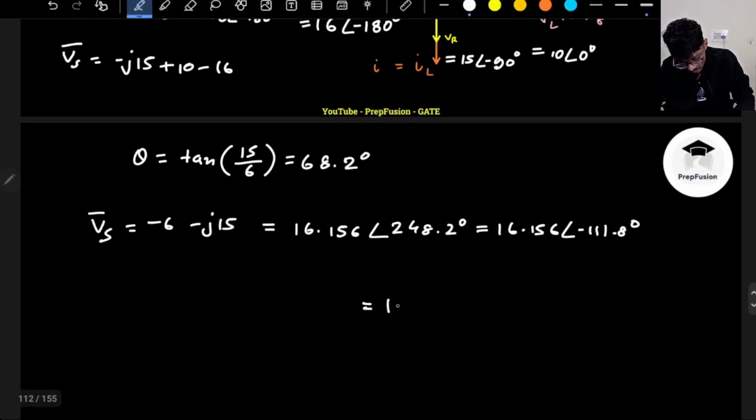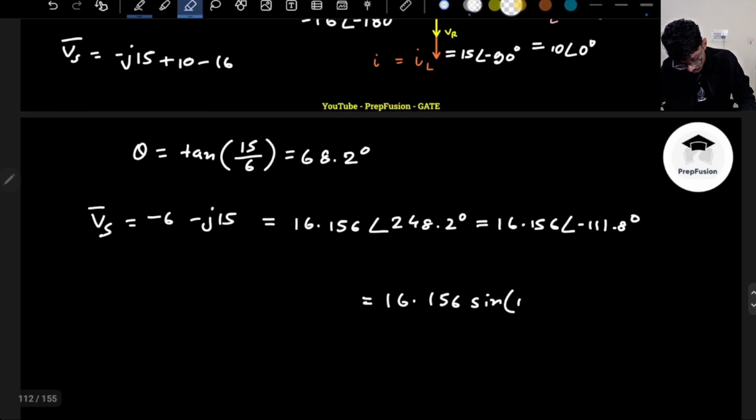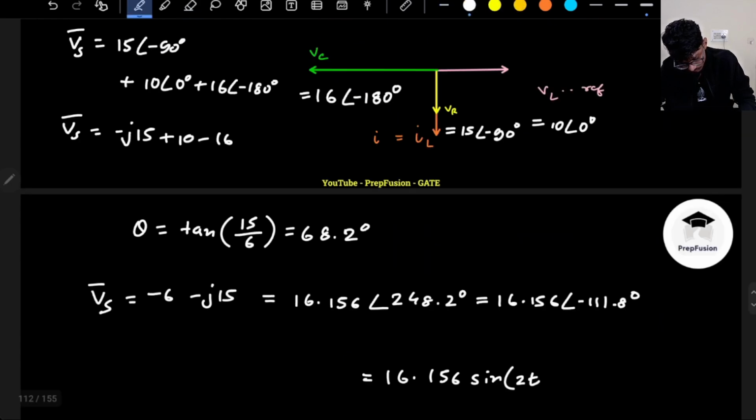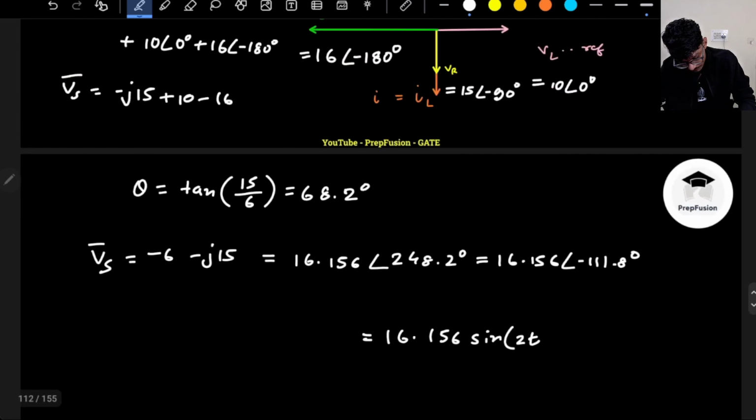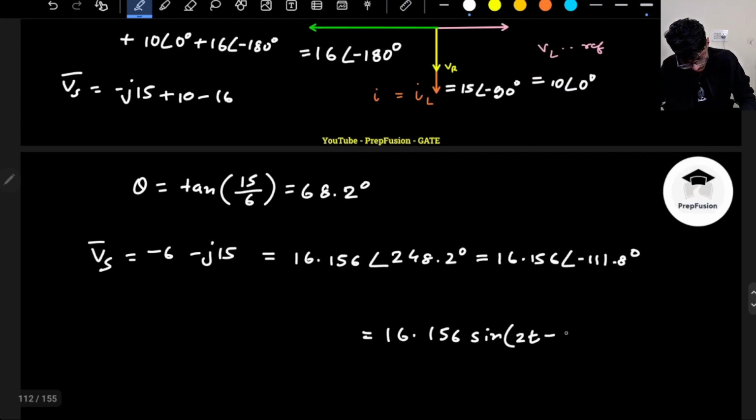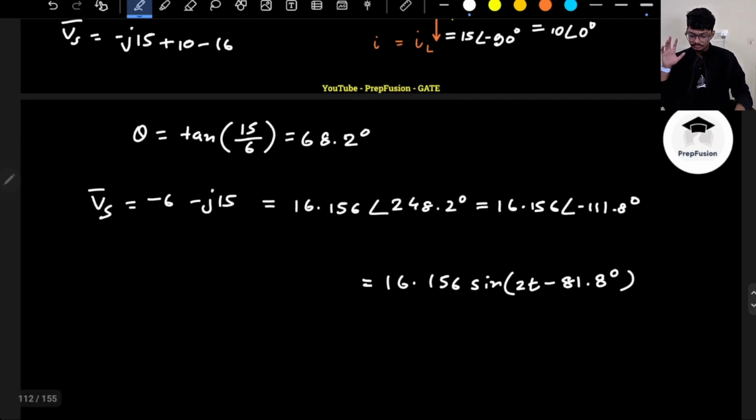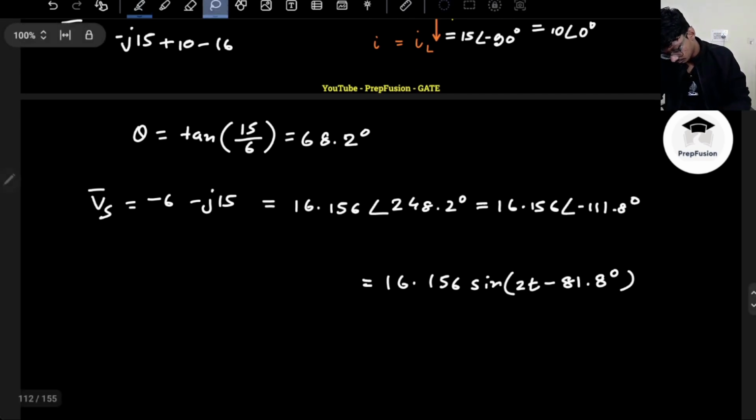So this will be 16.156 sine 2t minus 81.8 degrees. Okay, so this is my voltage basically.